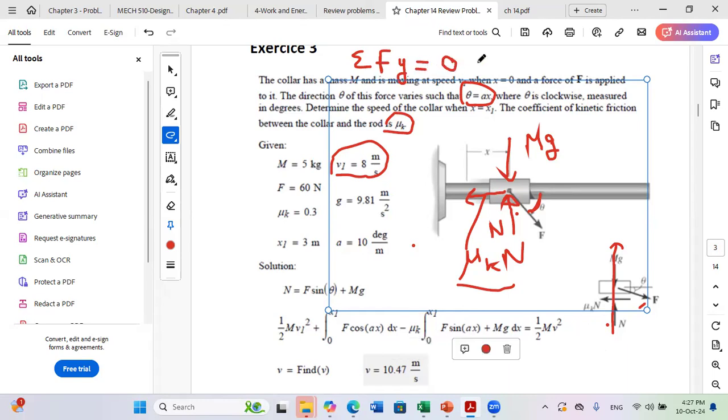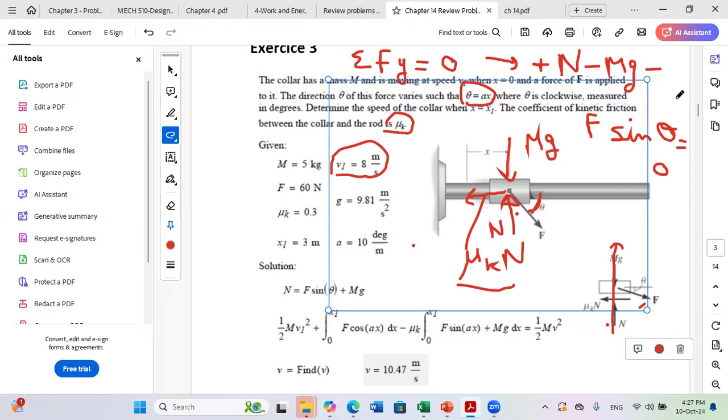And then I have plus N minus weight, so minus mg, minus F sine theta, equal to 0. So I get N. And because theta is varying, theta is variable, so N is variable. So my friction also is not constant. My kinetic friction is varying. So also to get the work of my friction, I need to do integration.